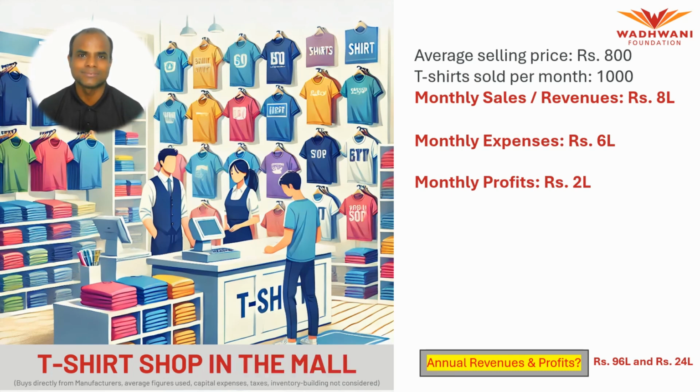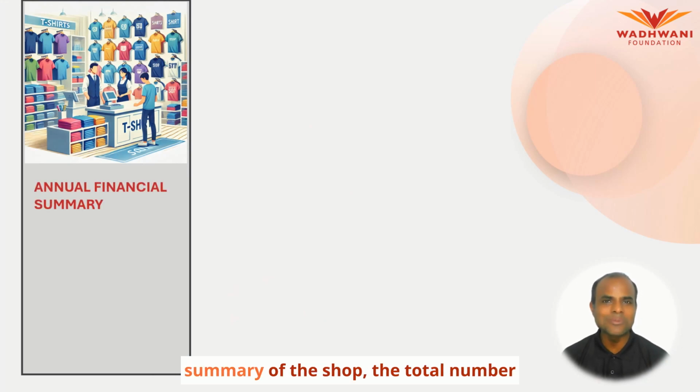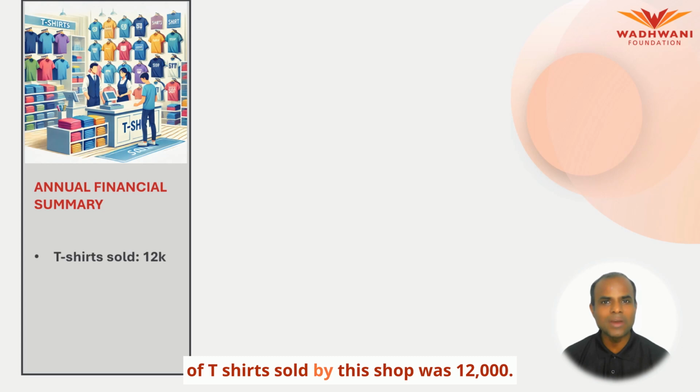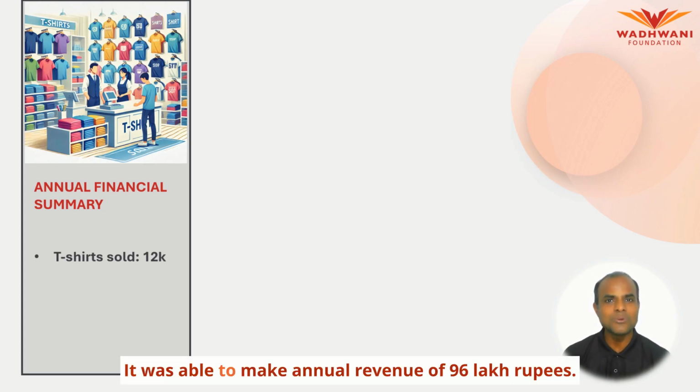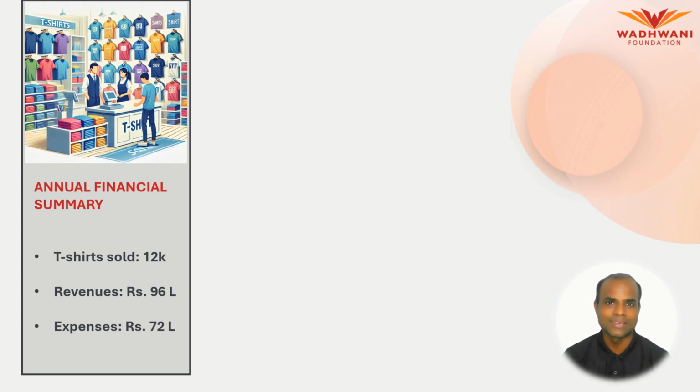Well, now if you look at the annual financial summary of the shop, the total number of t-shirts sold by this shop was 12,000. It was able to make annual revenue of 96 lakh rupees. The annual expenses the shop incurred was 72 lakh rupees.